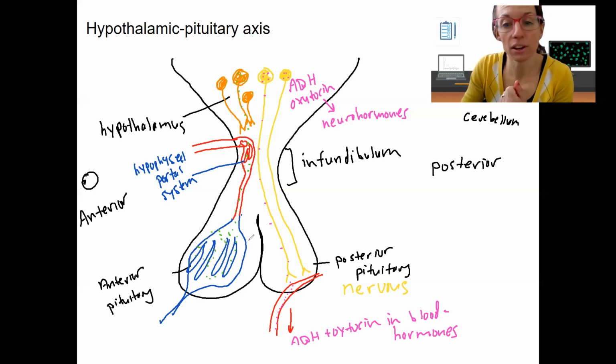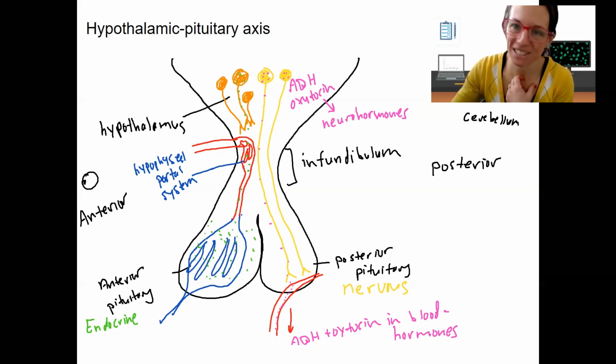The anterior pituitary is endocrine tissue, so there are cells that produce hormone. When this green hormone reaches the anterior pituitary, it's going to either cause or inhibit the release of other hormones. So it should actually be going out the bloodstream here.